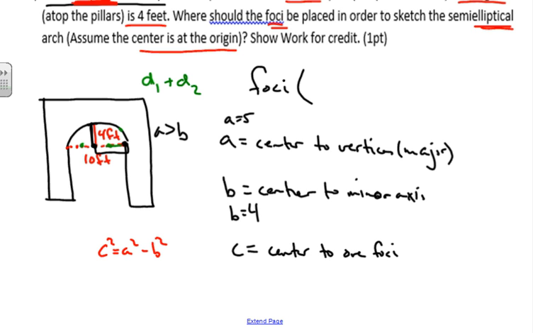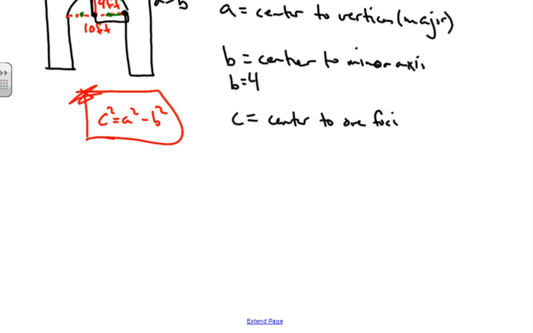That is one of the equations that we know. That's probably a whole tutorial in itself, and I'm sure there are others out there that can explain it, but this is what we're just going to know and use. It's one of the fundamental equations for ellipses. So C squared equals 5 squared minus 4 squared. That's 25 minus 16, which gives us 9. So C squared equals 9, which makes C equal to 3.